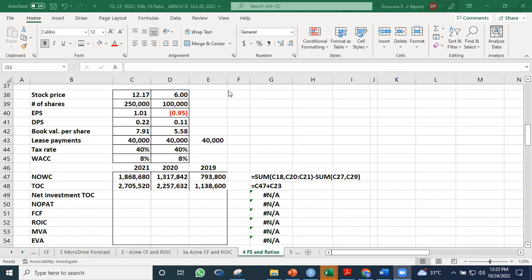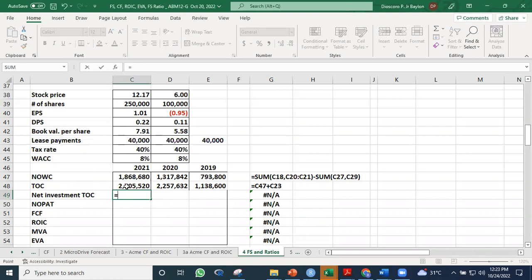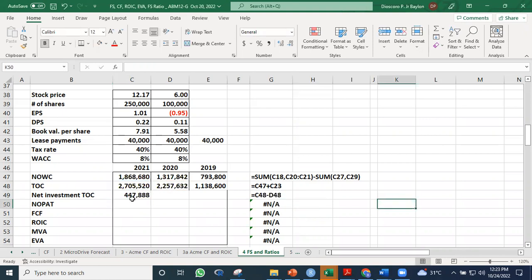Okay. So it's TOC 2021 minus TOC 2020. Di ba total operating capital, tapos magkano in-increase niya? And so that's your net investment in total operating capital. 2021 minus 2020. Okay, therefore, nung 2021, nadagdagan yung operating capital ng 447,888.